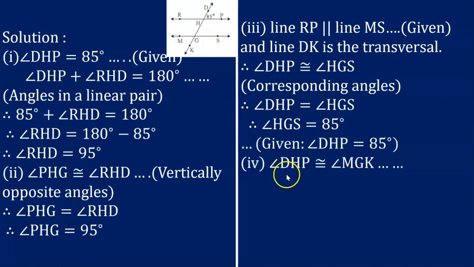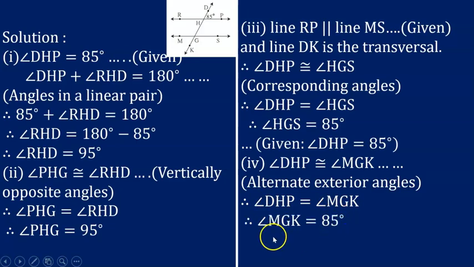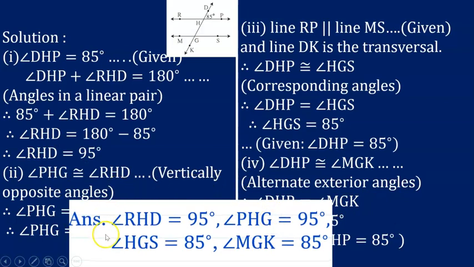Next, angle DHP is congruent to angle MGK. These are exterior alternate angles. And therefore measure of angle DHP is equal to measure of angle MGK. Therefore measure of angle MGK is also 85 degrees. And these are the required angles. We wanted to find out their measures.